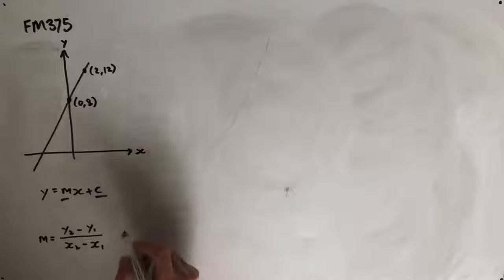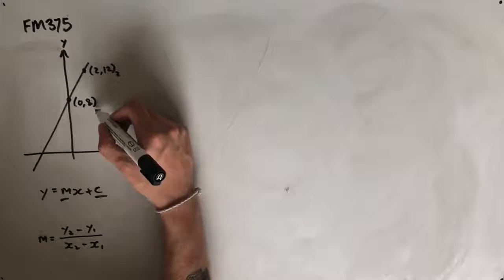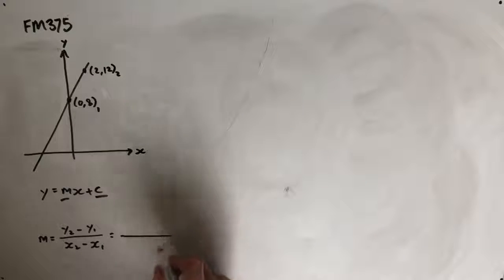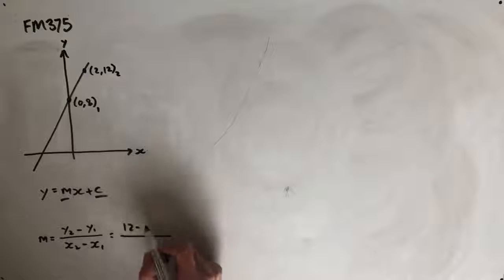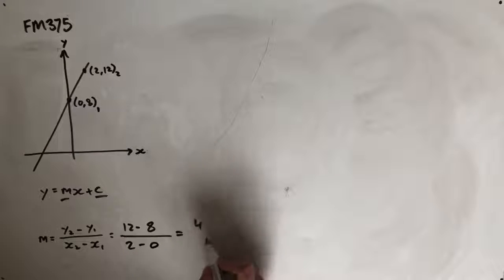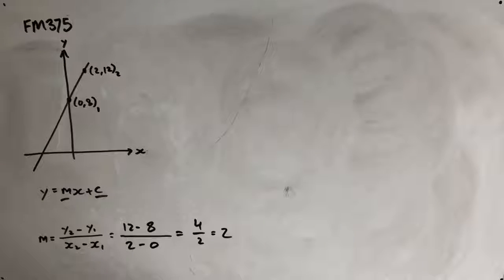And from here, I've made my number 2 coordinate this one and my number 1 coordinate this one here. So this ends up becoming 12 minus 8 over 2 minus 0, which equals 4 over 2, which just ends up equaling 2.